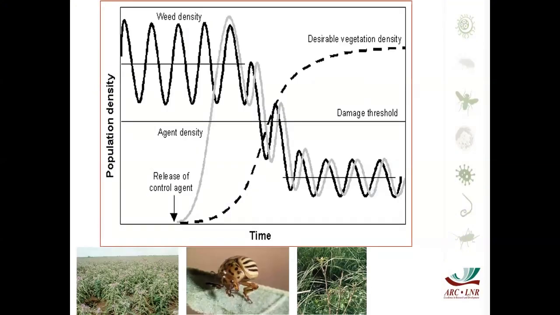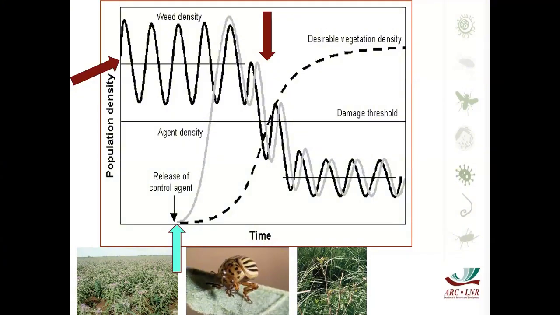So this is a graph showing the initial weed density at very high levels, and the introduction of a biological control agent. As that biological control agent starts to increase in number and the populations build up over time, it then starts to suppress the target weed.